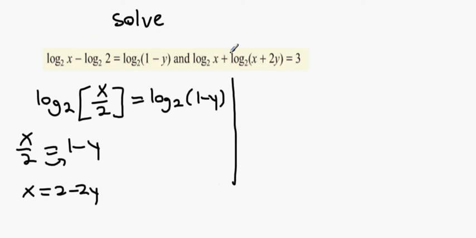Okay, the next one is, we can bring the 2y over to the other side, and we're going to get x plus 2y equals 2. That is the linear equation.